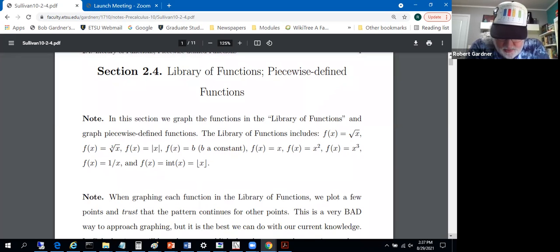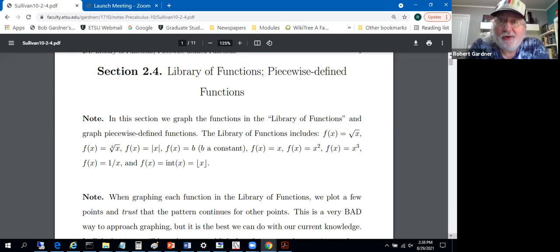We're going to get these graphs by plotting points, and I've mentioned probably repeatedly, plotting points is not a good way to graph something unless they're special points and you know why they're special. So the agenda here is really to get the idea of the shapes of the functions in the library.